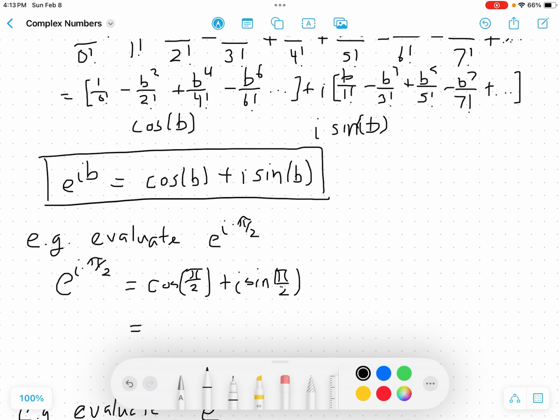Cosine of pi over 2, thinking unit circle, is just going to be 0. And then we've got I times sine pi over 2, which is 1. So this is just going to be I.